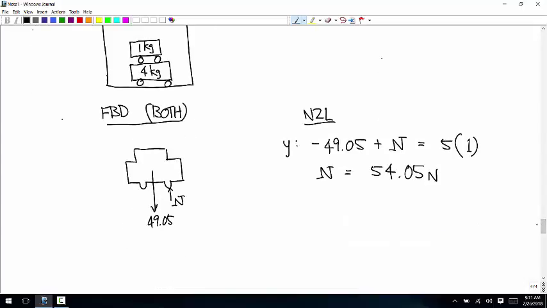And so the force on the floor by the elevator is, since this n is in the positive y direction, 0, positive 54.05.